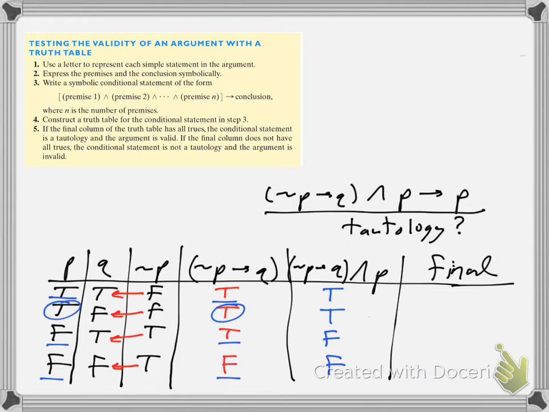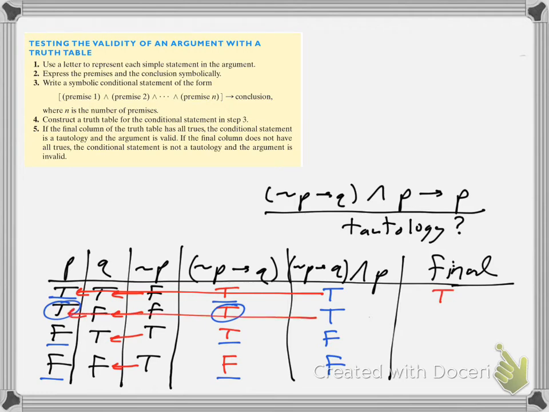Okay, now we're doing an arrow. And that arrow is going from this last column that we just did, arrowing all the way to P. True arrow to true is true.